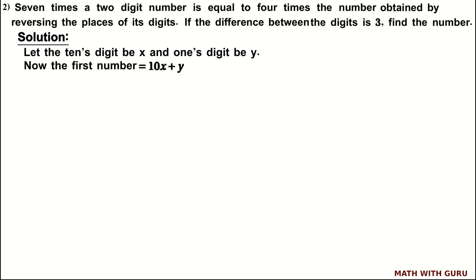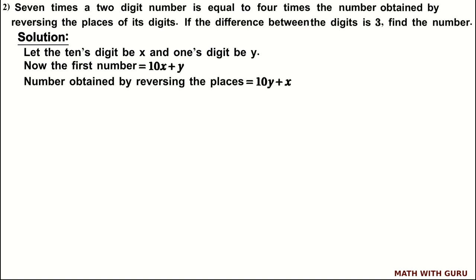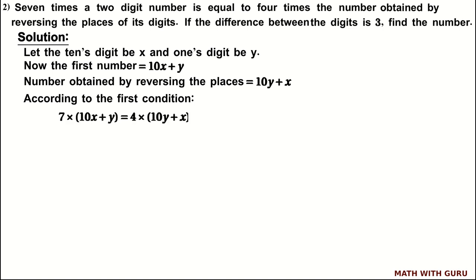Now, the first number is 10x plus y. The number obtained by reversing the places of digits is 10y plus x. According to the first condition given, 7 into 10x plus y equals 4 into 10y plus x.